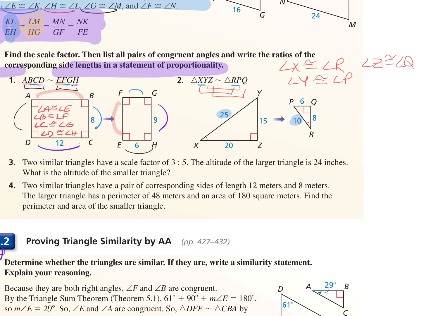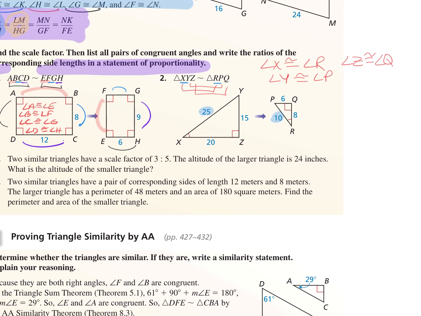So again, for my statement of proportionality, I can do RP over XY, but for my scale factor, I can go ahead and take the 10 over 25, reduce it, divide them both by 5, and it's 2/5. Now we're going to actually see that all three sides, no matter which one I chose, they're all going to simplify to 2 over 5.